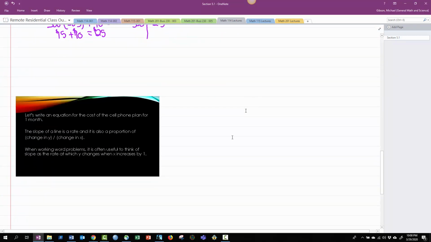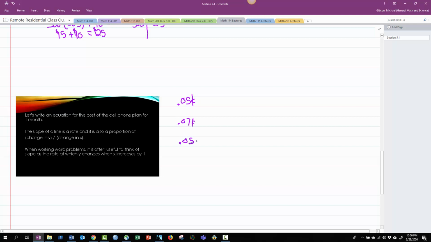All right, so let's summarize a little bit and write some equations. It says write an equation for the cost of a cell phone plan. So we had 3 different plans. We had one plan that was 5 cents per minute with no fixed cost. We had another plan that was 7 cents per minute, no fixed cost.